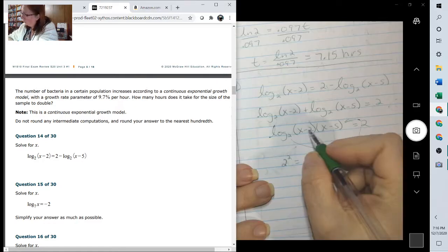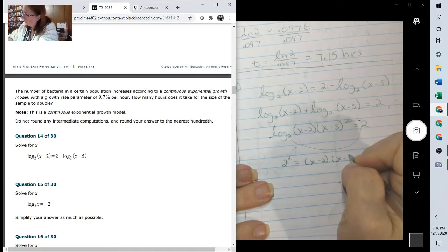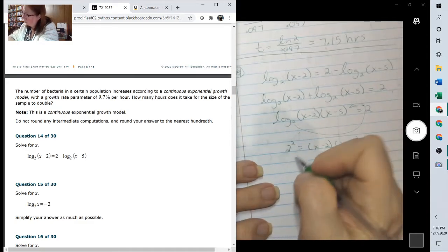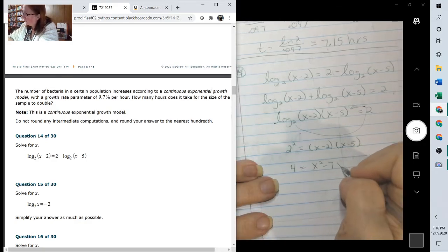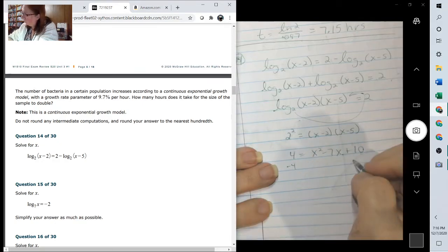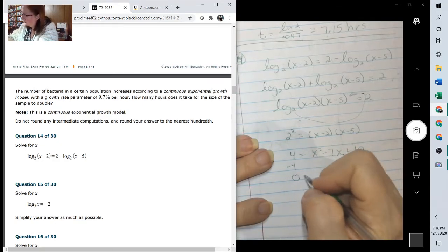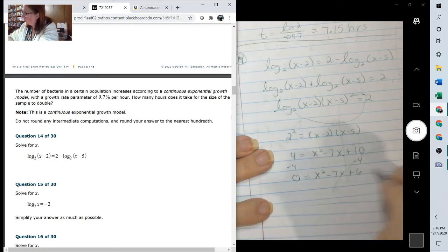equals, and then I'll just write it first. You could FOIL this right now, but 2 squared is 4. Foiling, we have x squared minus 7x plus 10. Subtract the 4. X squared minus 7x plus 6.